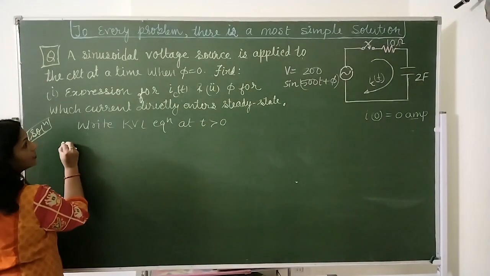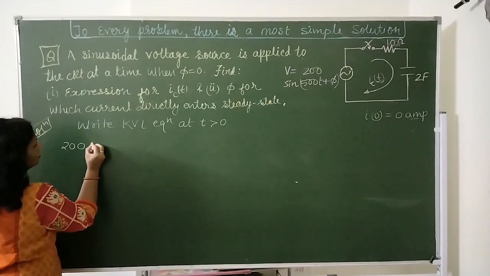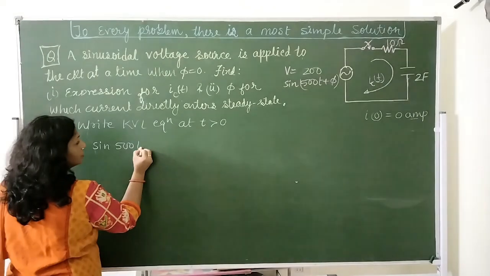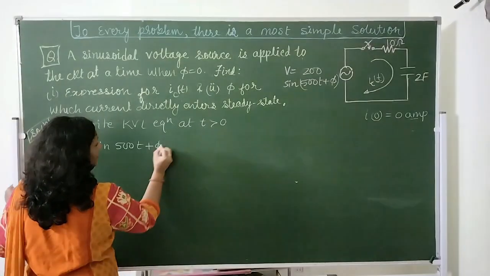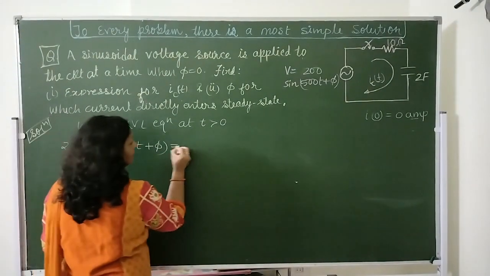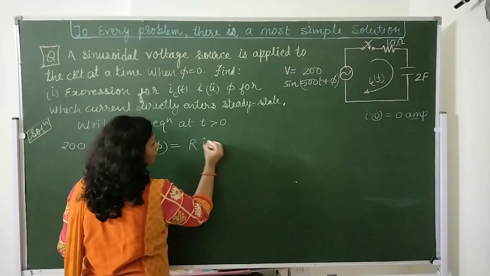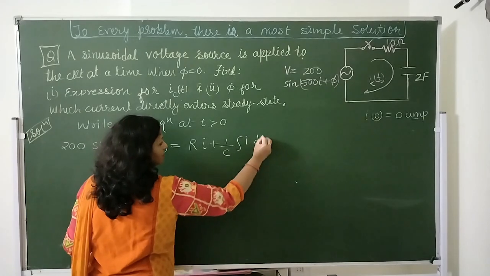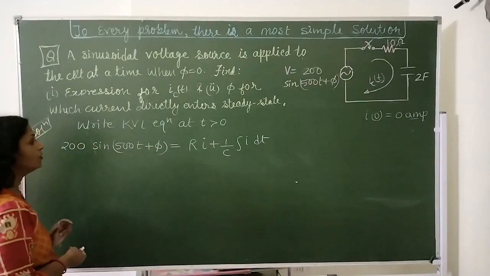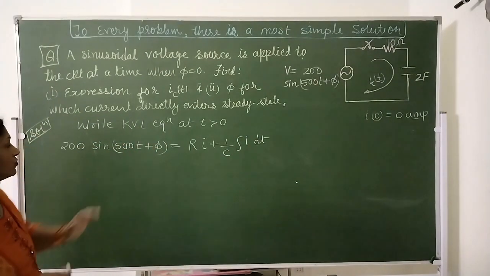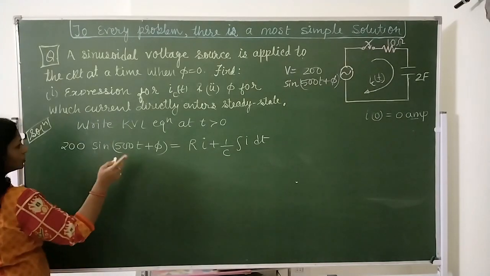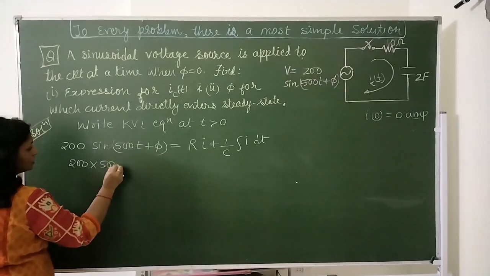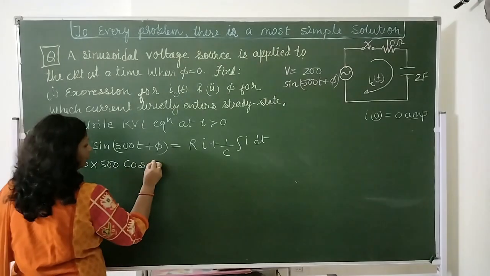So our input voltage is 200 sin(500t plus phi), and on the right side there will come the voltage drop across the resistance and capacitance. Now we will differentiate this equation with respect to t to remove this integration sign.